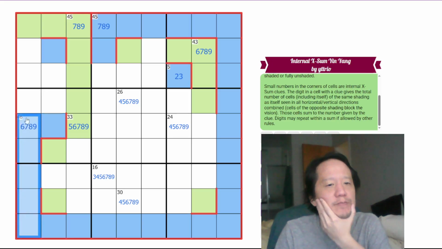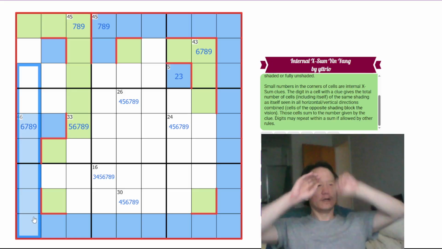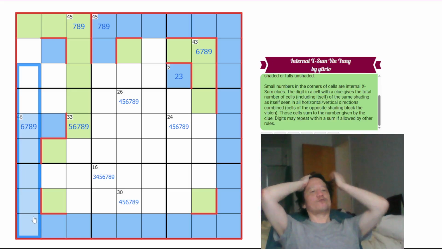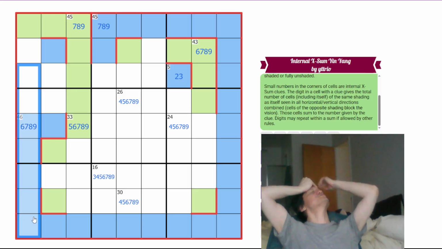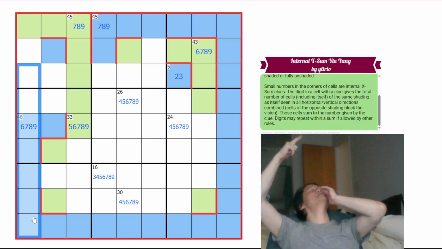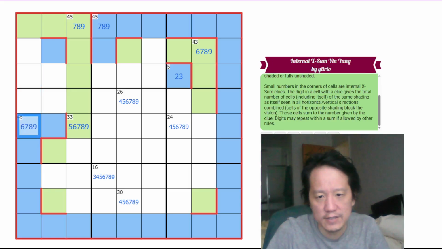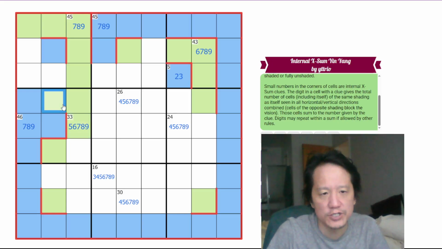What's the minimum amount we could have in this direction? 9, 45 minus 9 is 36. That would mean that you have to have at least 98761. So that's at least 7. So this has to be at least 7 in this direction. So this is green. Sorry, blue, which means this has to be green shading.